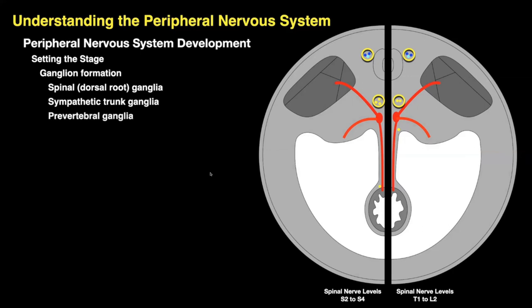The next migration forms what we call pre-vertebral ganglia. These are the crest cells that are migrating down ventral to the aorta, where it's giving branches into the foregut, the midgut, and the hindgut.